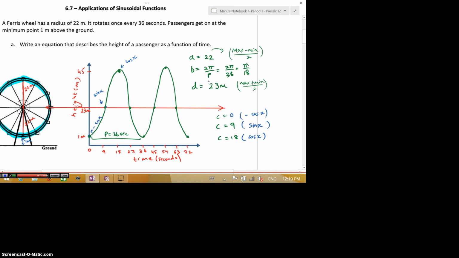And then one final one, c equals 27. What kind of function would start at c equals 27? Negative sine. You're starting off at the midline, but you're going in the opposite direction. So it's negative sine.